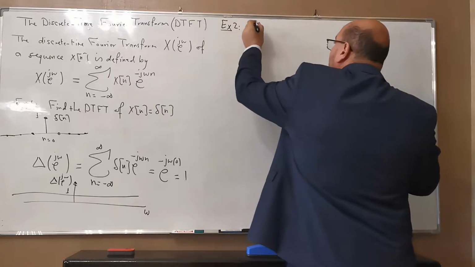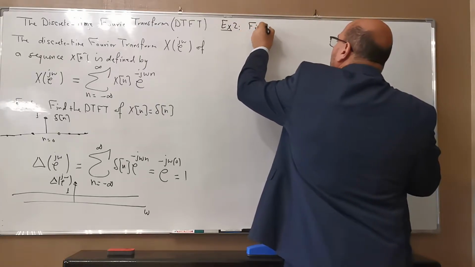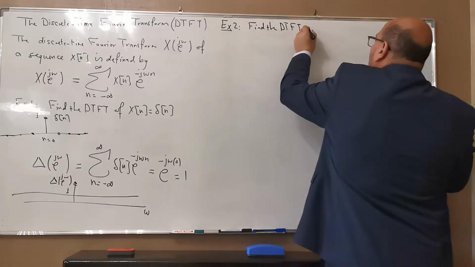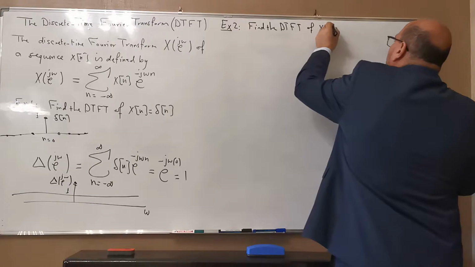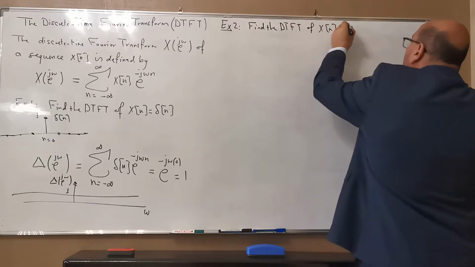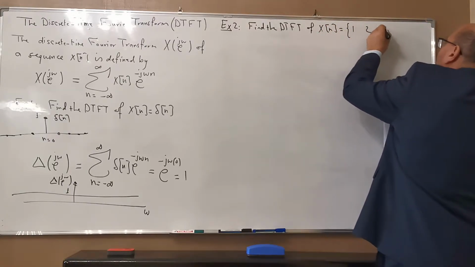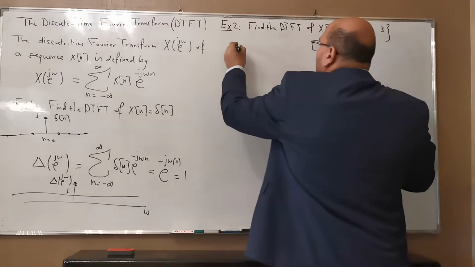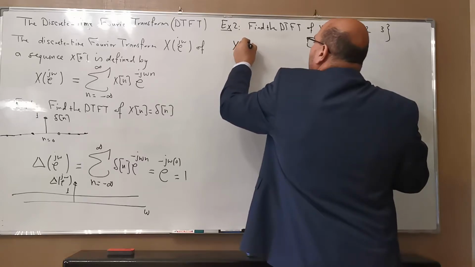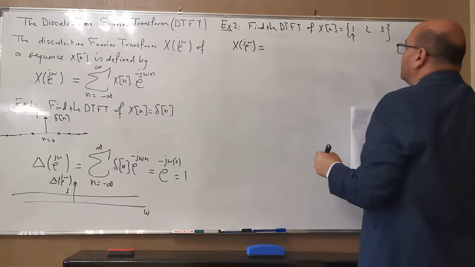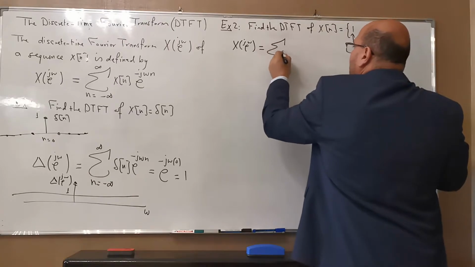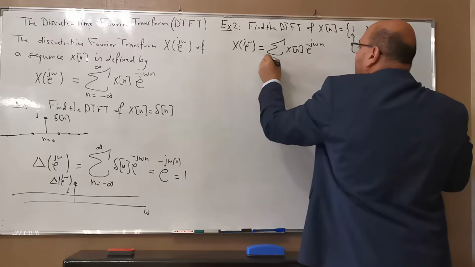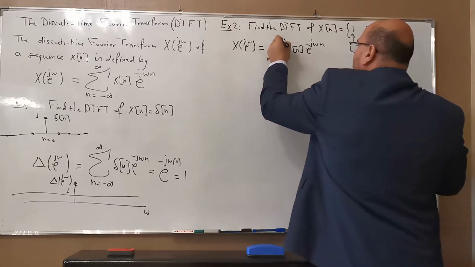Example 2, find the DTFT of x of n equals 1, 2, 3, and we'll take 0 here at the moment. So x of e j omega for this sequence is equal to the summation of x of n e to the minus j omega n from n equals minus infinity to infinity.